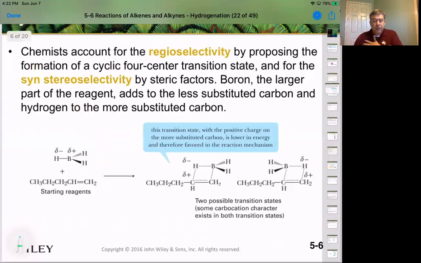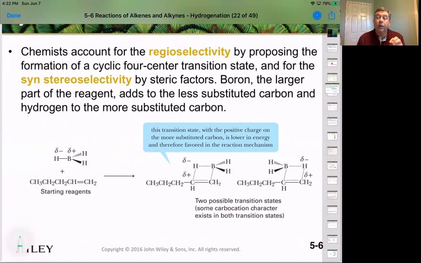Okay, so the reason we account for this regiospecificity and the syn addition is the fact that the alkene doesn't reach out and grab the hydrogen selectively as a positive charge and pull it into it to create that sigma bond. What we think is happening is the boron's actually slightly more electropositive, and therefore the hydrogen is slightly more electronegative.